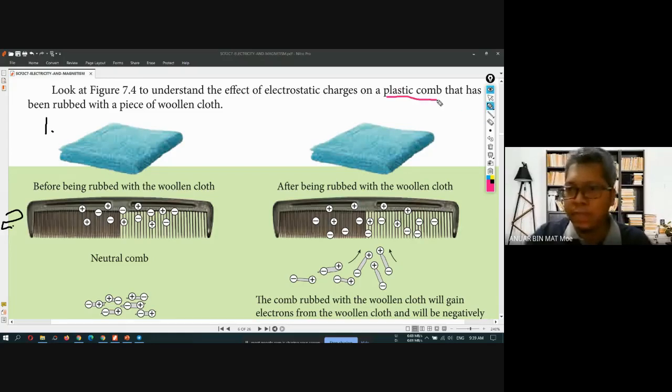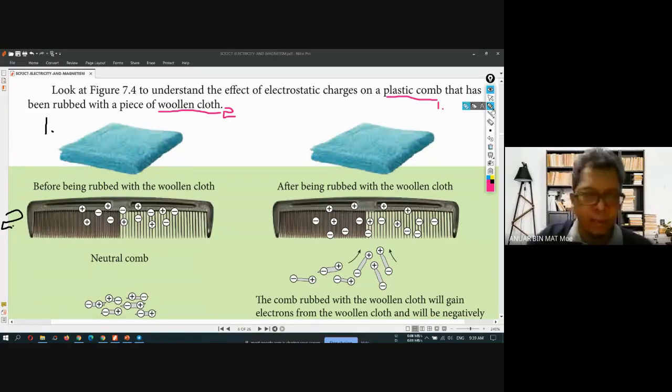One is plastic comb, one is woolen cloth. So it has different material, one made from plastic, and the second one made from wool, cotton wool. So we have different types of material.